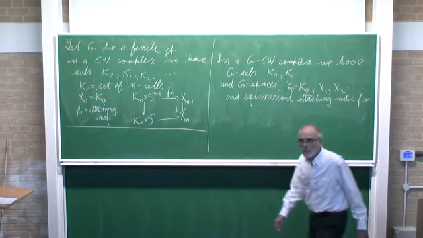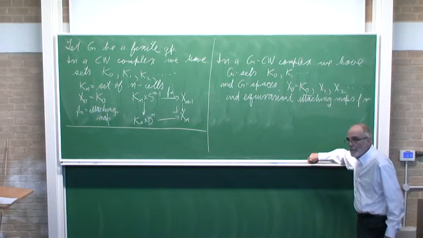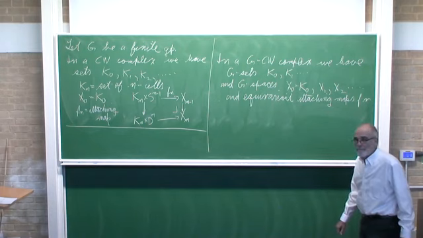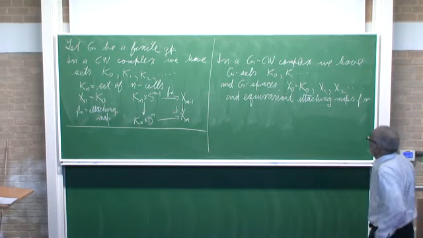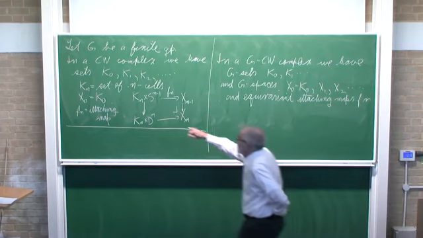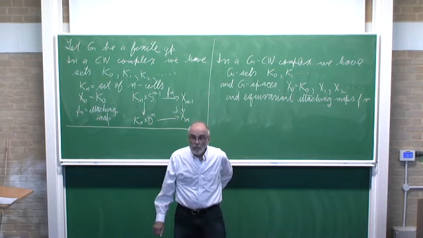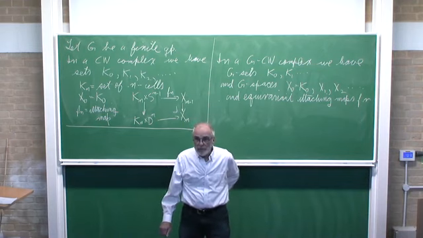Sorry, Doug, can I just ask: really the cells correspond to the orbits in this case, don't they? If you think of a G-cell, then it's really indexed on an orbit, not an element of K. What I said is that Kn is now a G-set, and a G-set is a union of orbits. Right, yes.